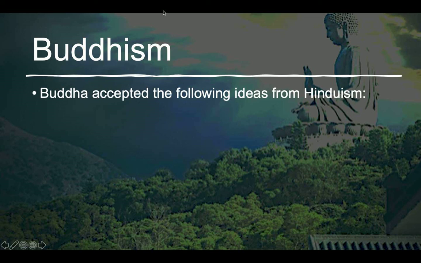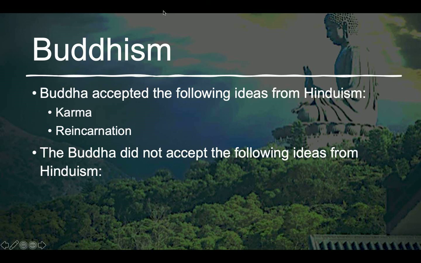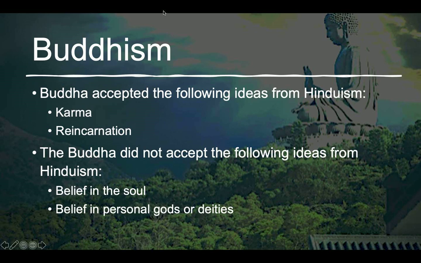Buddha accepted the following ideas from Hinduism: karma and reincarnation. However, the Buddha did not accept the following ideas from Hinduism: belief in the soul and belief in personal gods or deities.